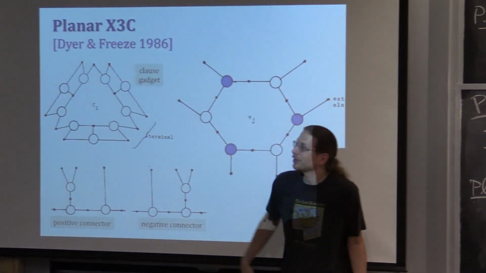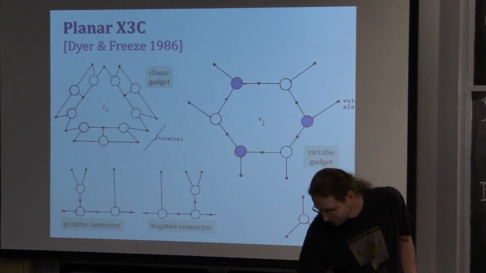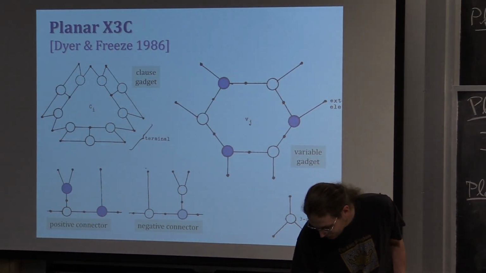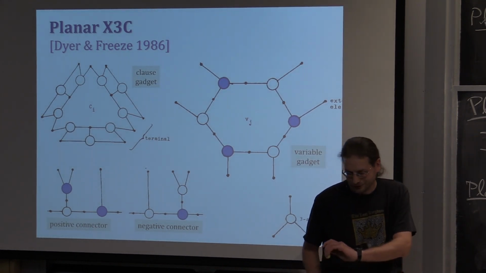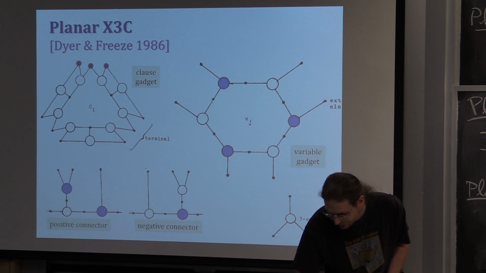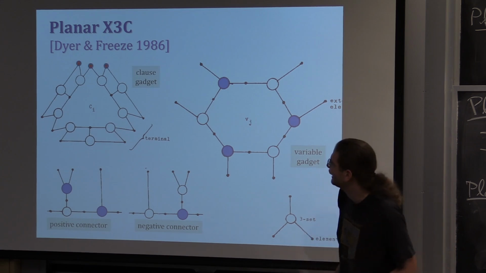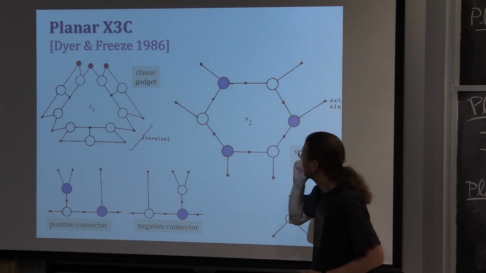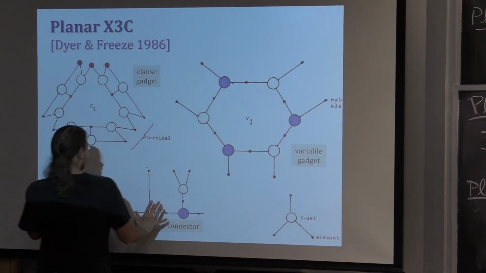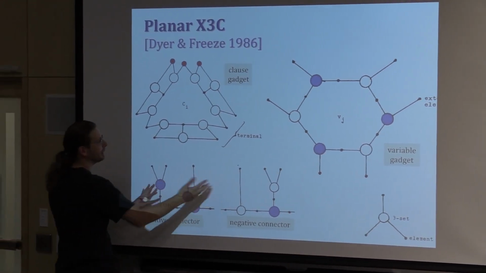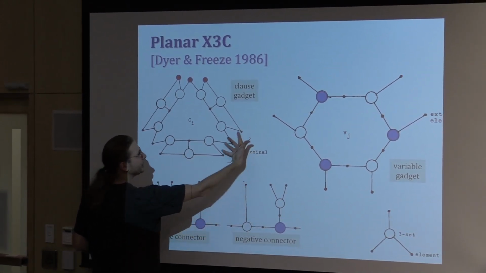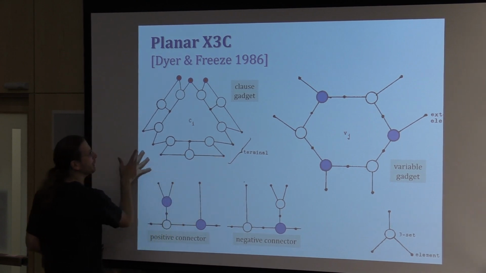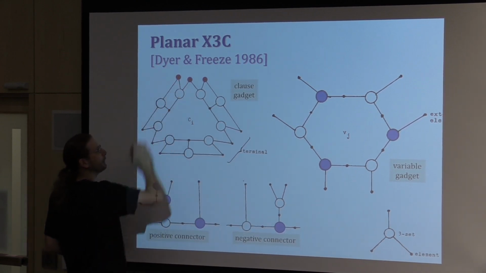This is a better construction because it's going to end up being 3 colorable. Yeah, I guess I don't know how much you care about this reduction. I think I will skip the details, although I spent a lot of time understanding it. The rough idea is that these connectors, there's a positive and a negative version because they're worried about negations, but these connections will attach to these 3 terminals for one variable, these 3 terminals for another, and these 3 for another.